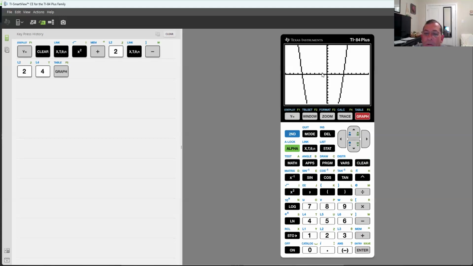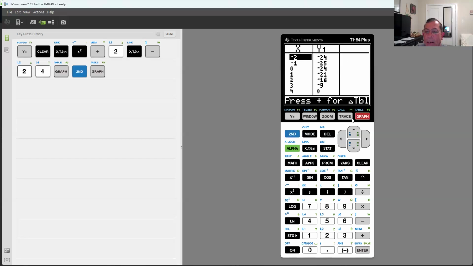And there it is. It's crossing over here, -1, -2, -3, -4, -5. It's crossing at -6. And then if you go to the right, 1, 2, 3, 4, it's crossing at +4. And if you look at the table, you can see at 4, I got a 0. And then let me go up here to -6. I got a 0. So that's telling me that -6 and 4 are the solutions, okay?